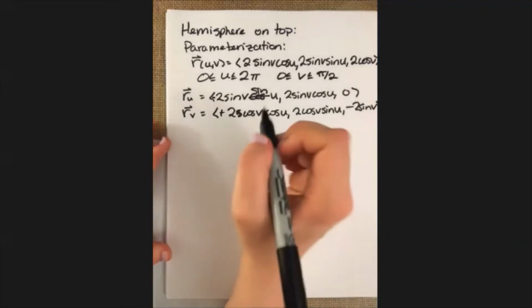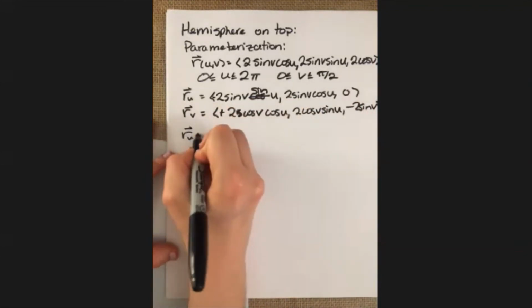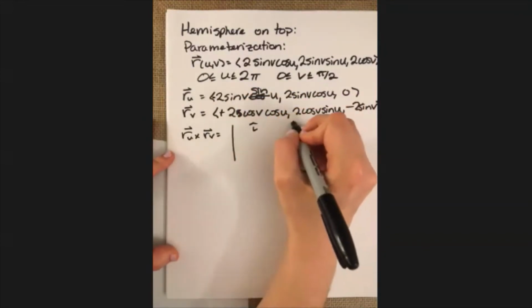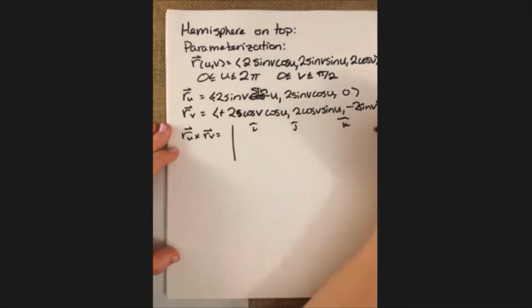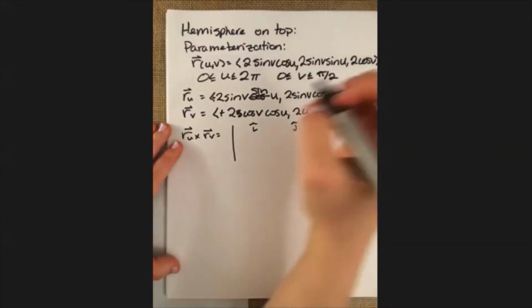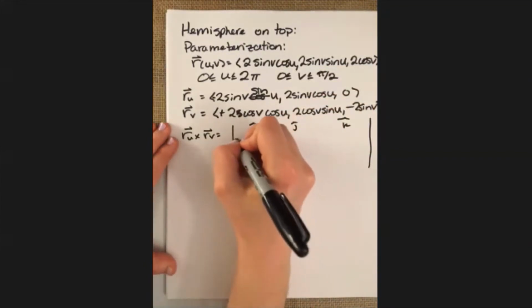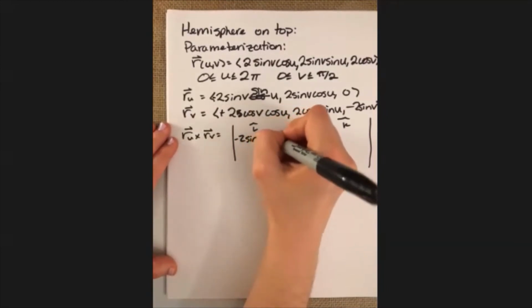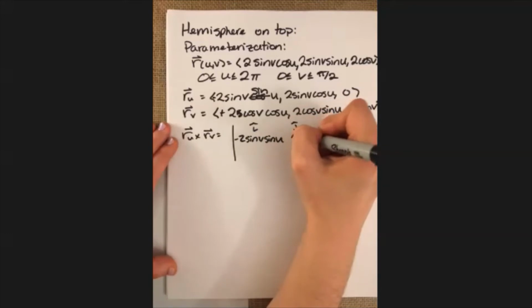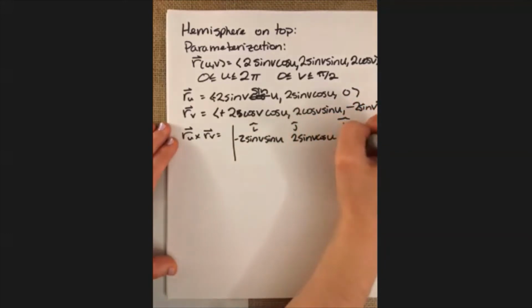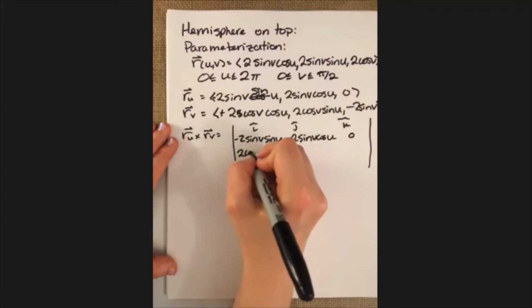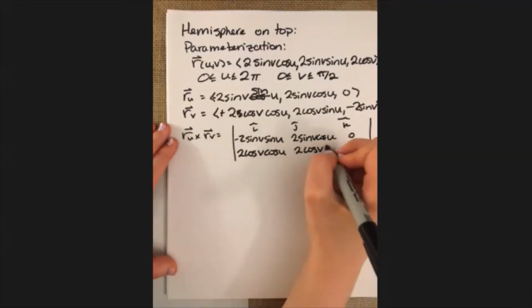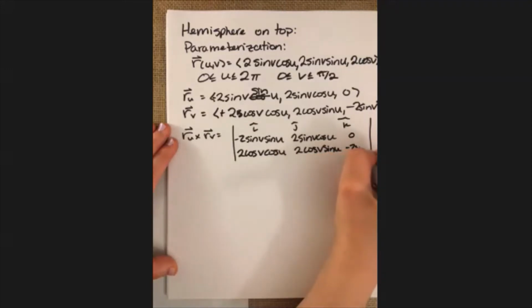Okay, so taking r_u cross r_v, we've got negative 2 sine of v sine of u, 2 sine v cosine u, 0, and then 2 cosine of v cosine of u, 2 cosine v sine u, and negative 2 sine v.